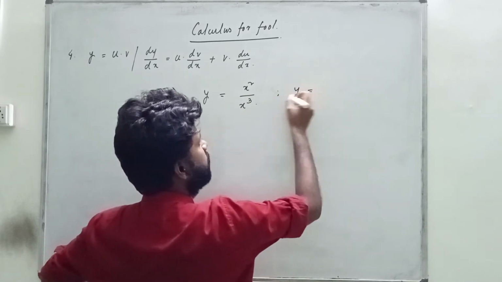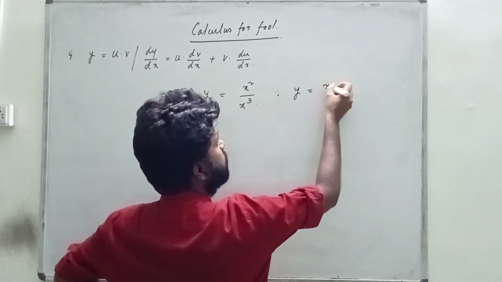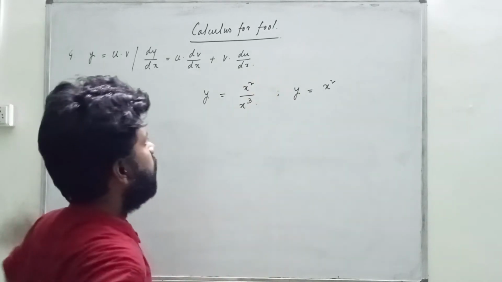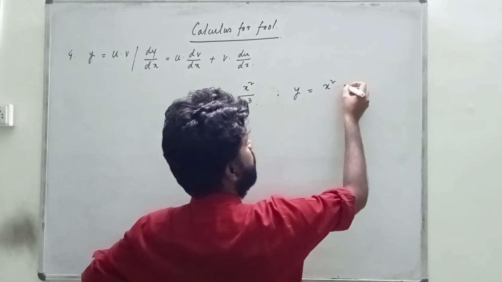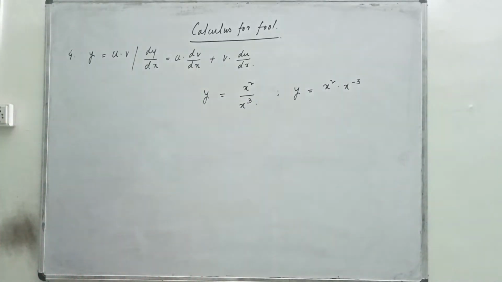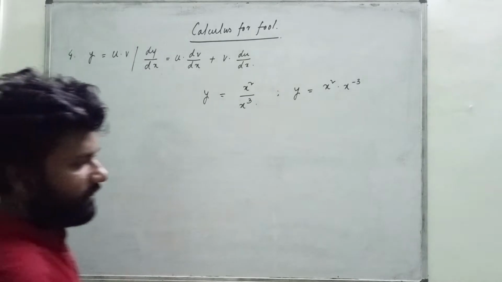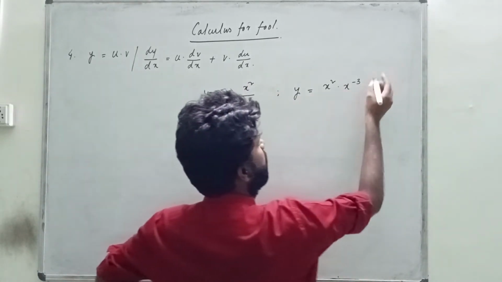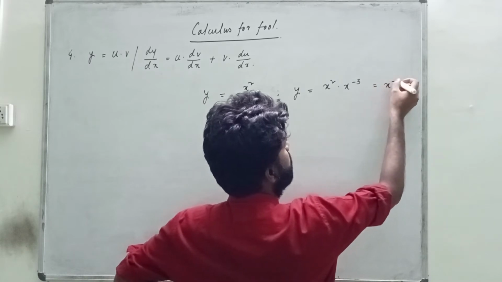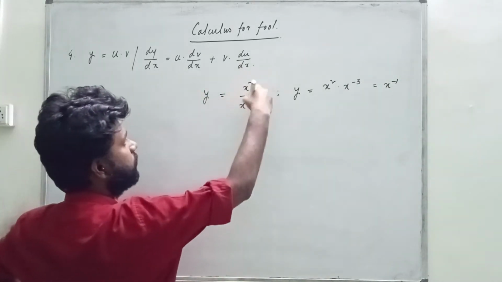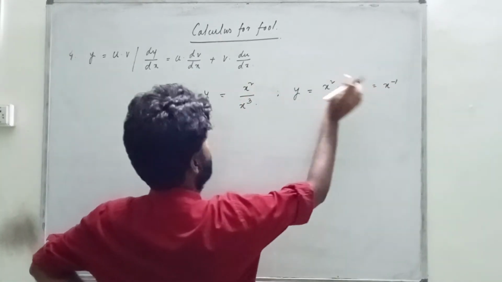So y, you can write it as x squared, and if you bring it to the top, the x power minus 3. It is just laws of index, laws of exponents in your class 9 10 syllabus. So it is actually x power minus 1. So y equals x power minus 1.